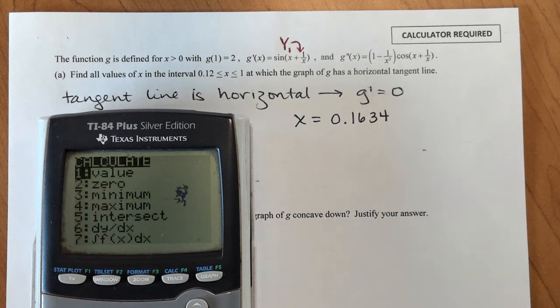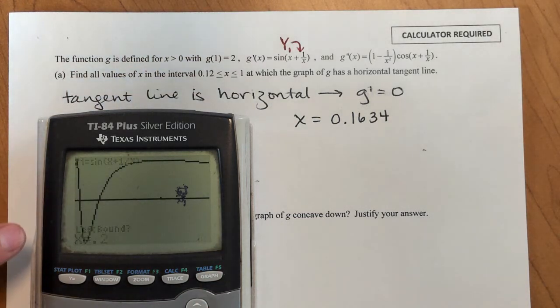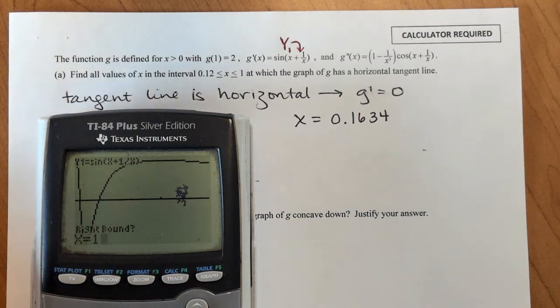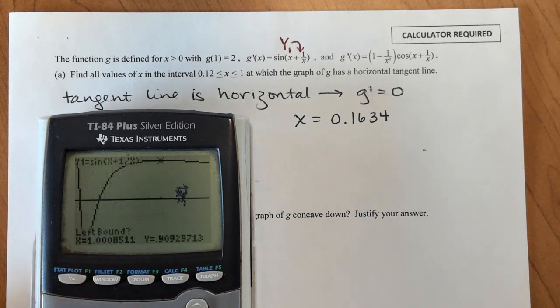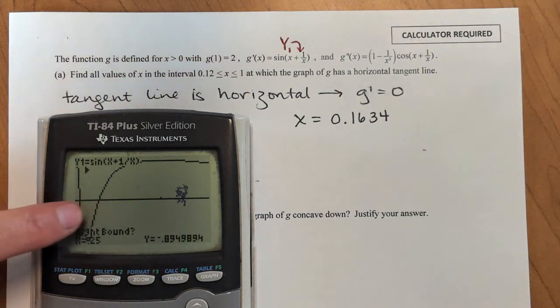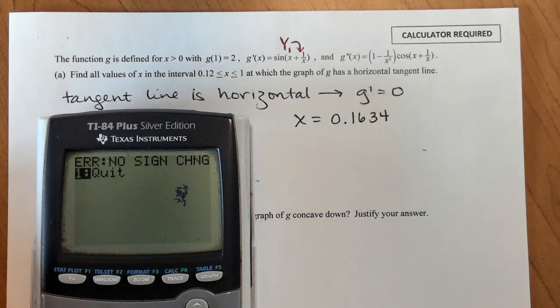And now I'm going to find the second one. Second, calculate number 2, zero, and I'm going to say between 0.2 and, well, I can go all the way out to 1 now. I can see there's only one left. Oh, no sign change. Let's try this again. Second, calculate zero between 0.25. There we go. And 1. Why is it doing that?